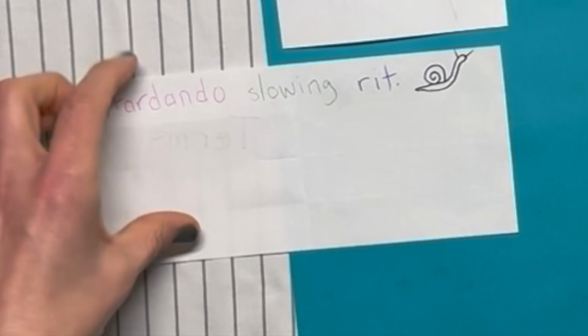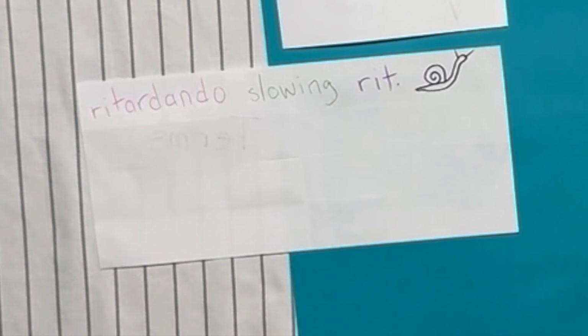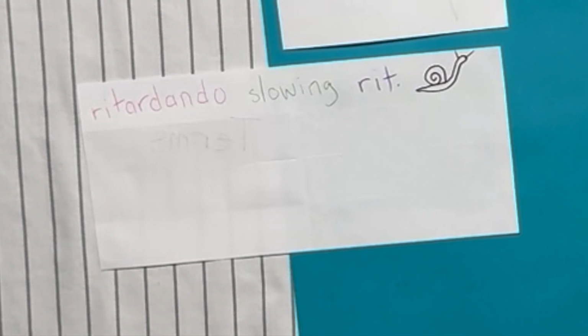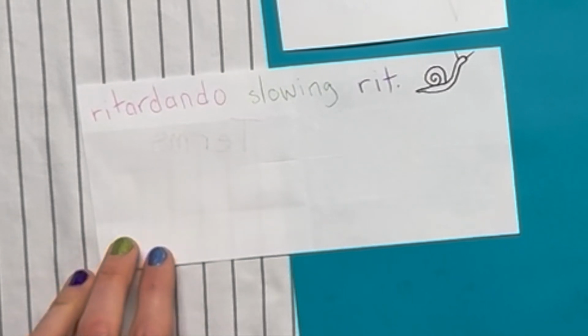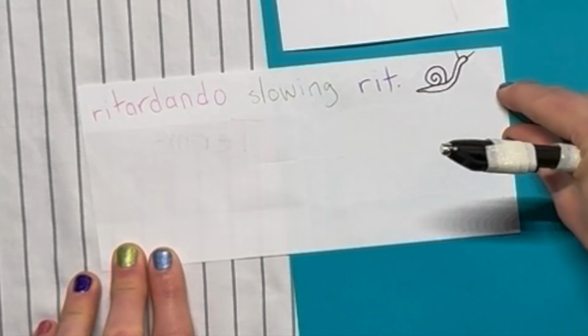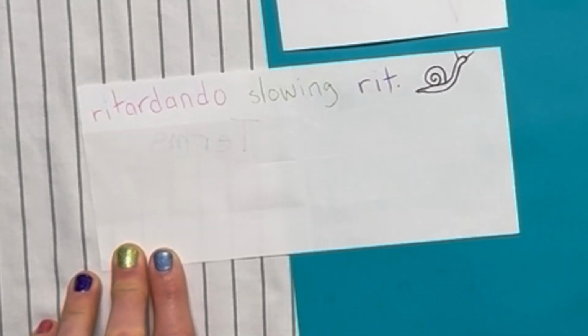We're going to add a new word to your terms. So right underneath ritardando, we're going to write a new word. Now I'm going to start with black, even though I'm intending to use some color. The word that we're learning today, let me write it for you and then I'll pronounce it and describe what it means. The word is going in the second row. The word is contour.